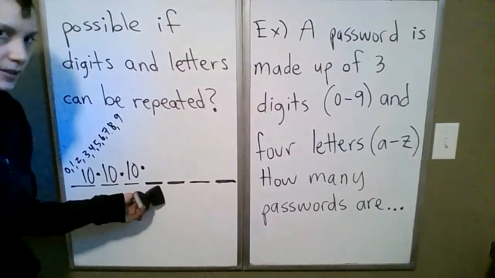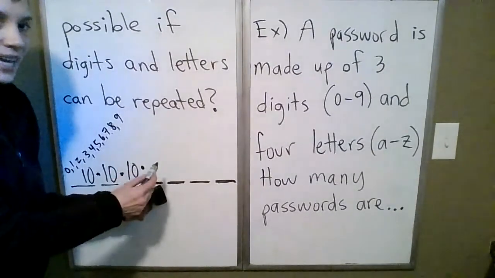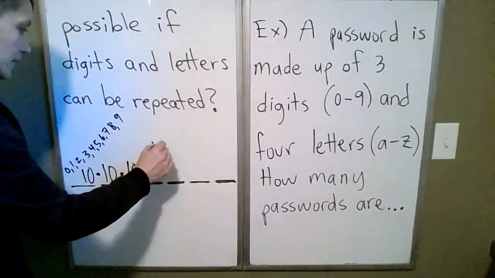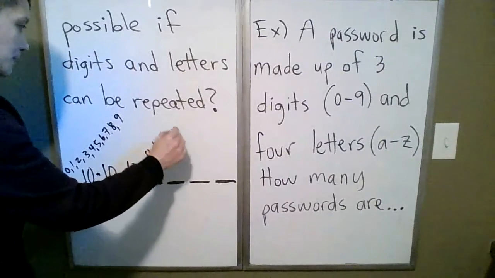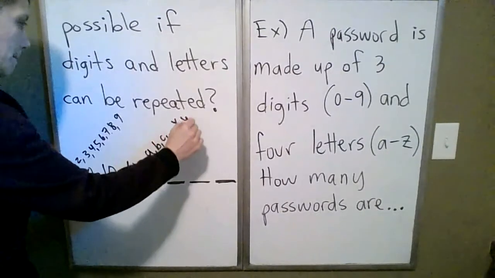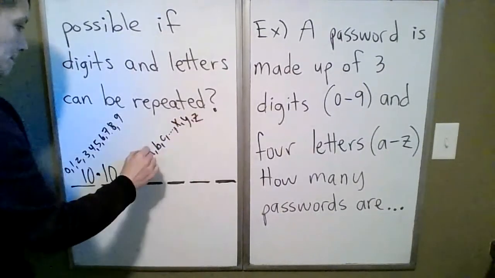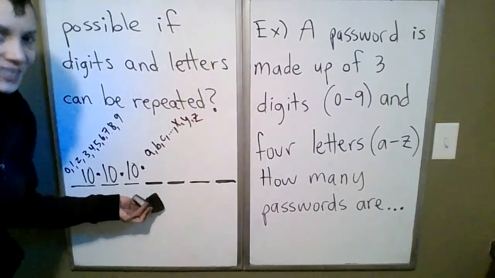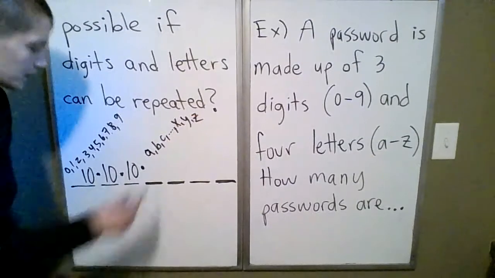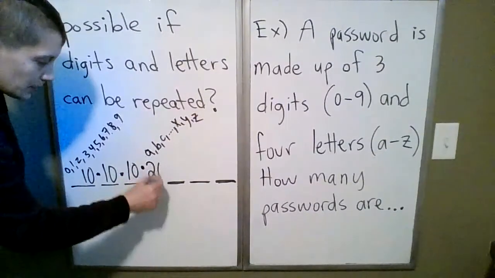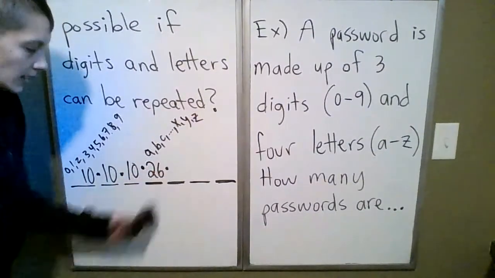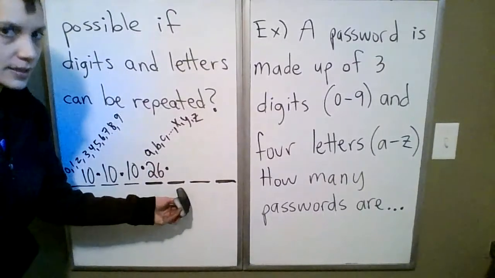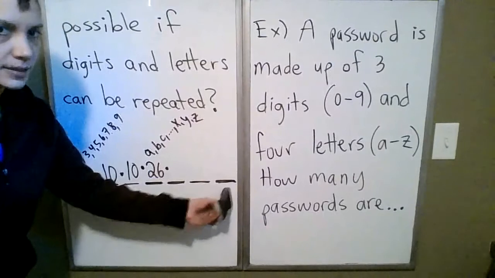Now we're getting to the letters. I can pick between A and Z. And I've checked, there's 26 letters in the alphabet. So you have all 26 to pick from. And since you can repeat a letter, you still have 26 choices here and here and here.